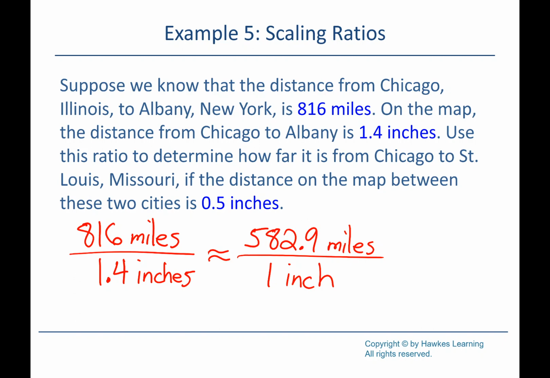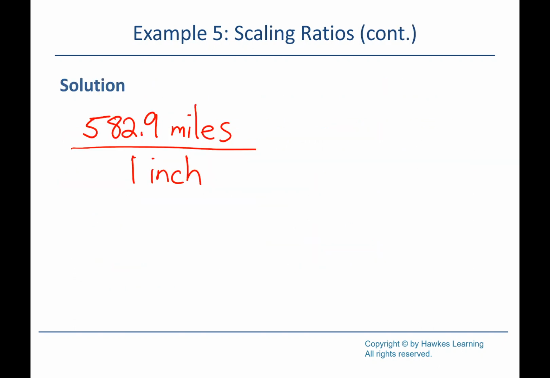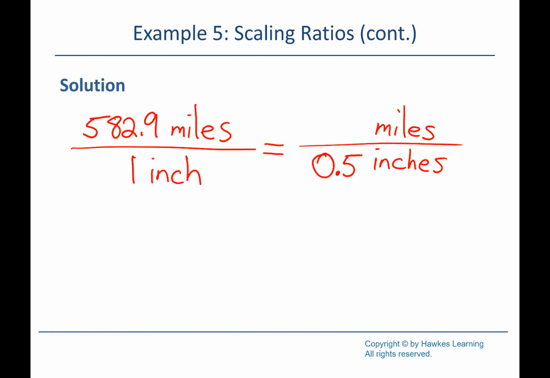Well, I think it turns out being multiplying. Because on the map it's 0.5 inches. We want to know how many miles. So if we set up our equation, something miles has got to go on the top the way I have it set up, and something inches has to go on the bottom. So the one we know is inches, 0.5 inches, and that's some unknown number of miles we're trying to find.